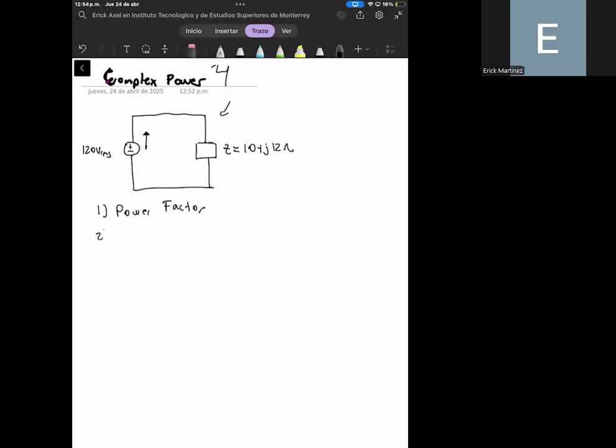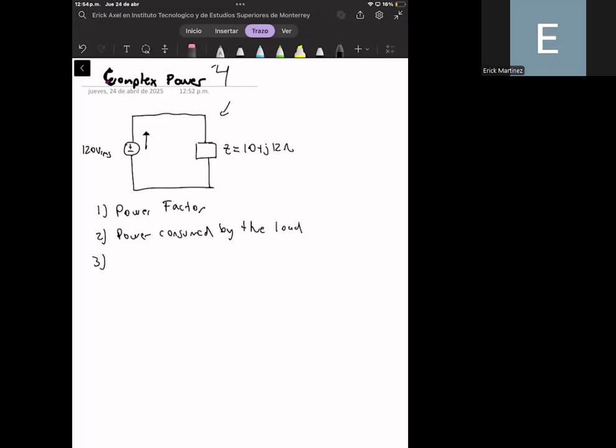Also, we want to compute what is the power consumed by the load.